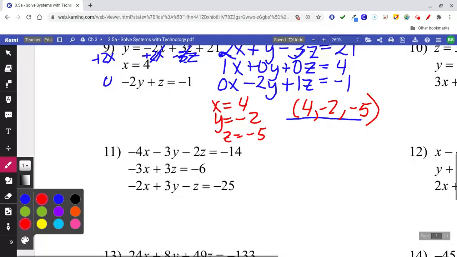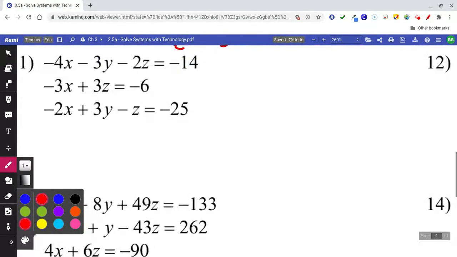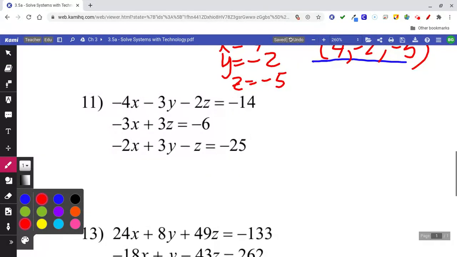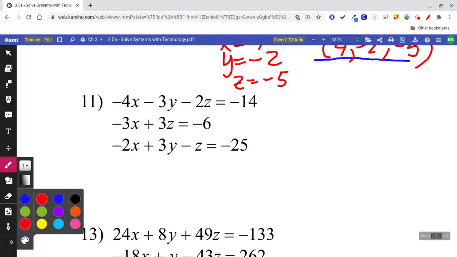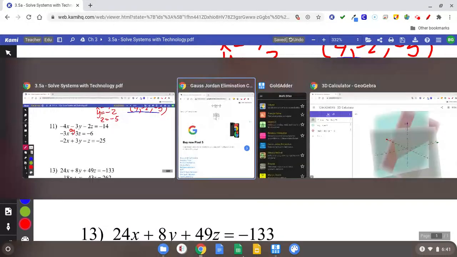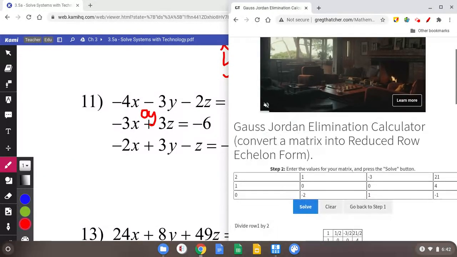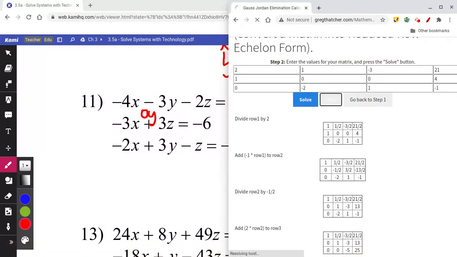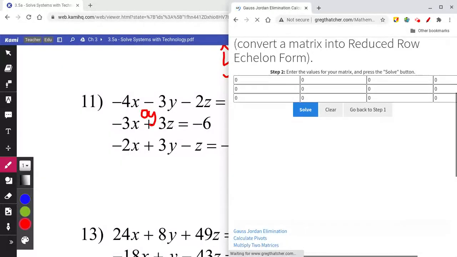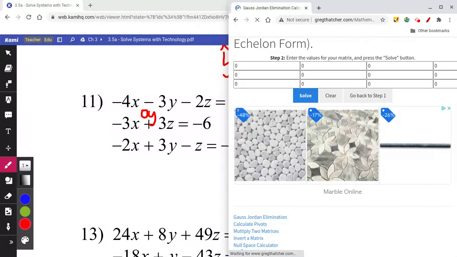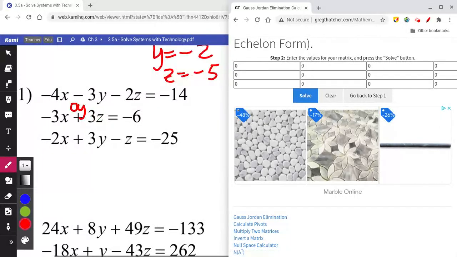Okay, now we're rolling. So number 11, this one's going to be a lot easier because it's almost completely set up. The only thing missing is the 0y on the second one. But otherwise, it's already in standard form. So we can go back to our Gauss-Jordan, and let's clear. Okay, and let's get that over here.